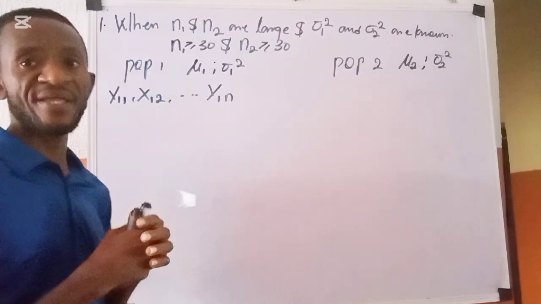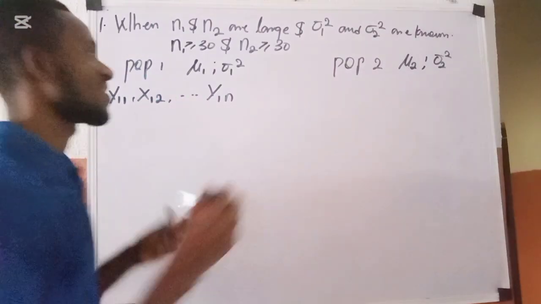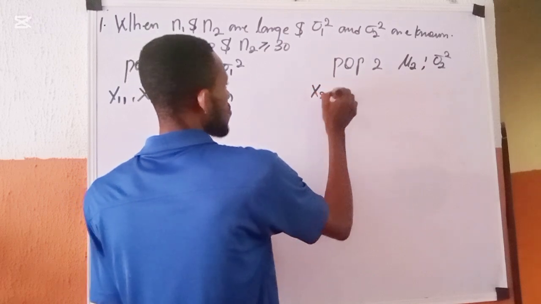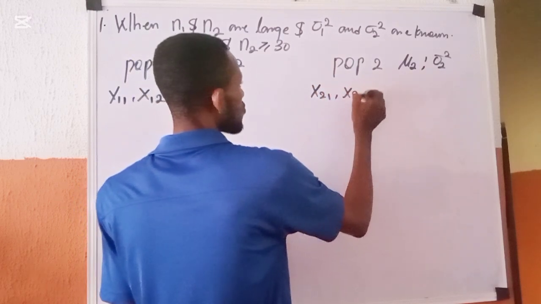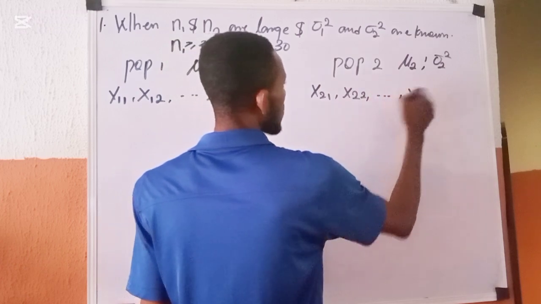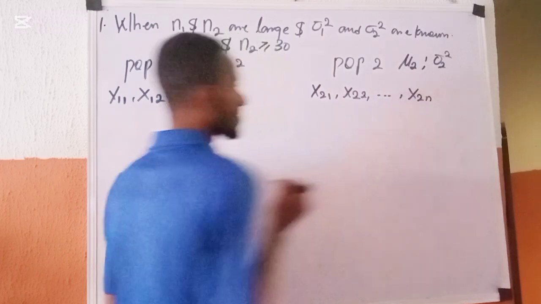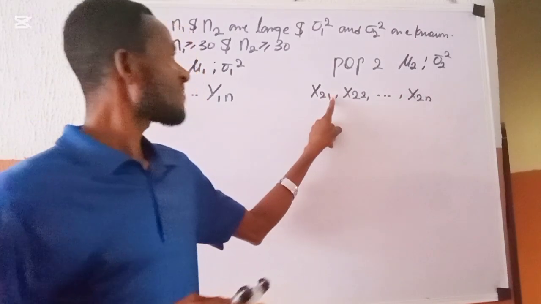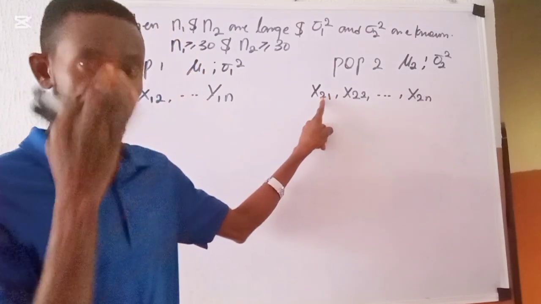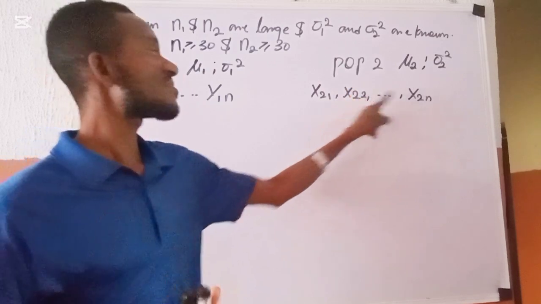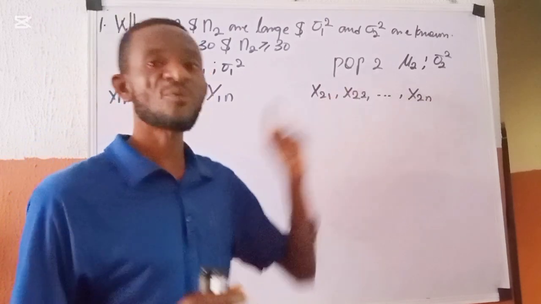Then we equally take a sample from population 2: X21, X22, down to X2n. That is the first observation from population 2, second observation from population 2, down to the nth observation from population 2.